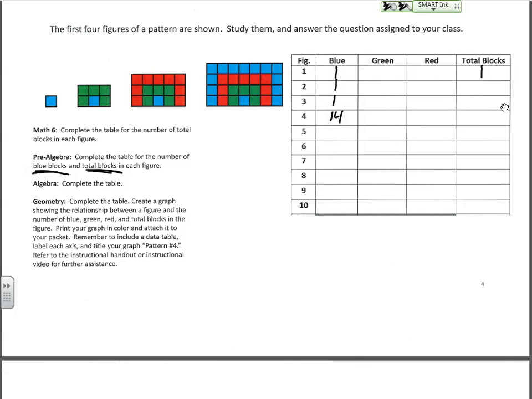How about total blocks in the figures? We go from 1 total block in figure 1. How many in figure 2? Anybody? 6. How many in figure 3? 15. How many in figure 4?